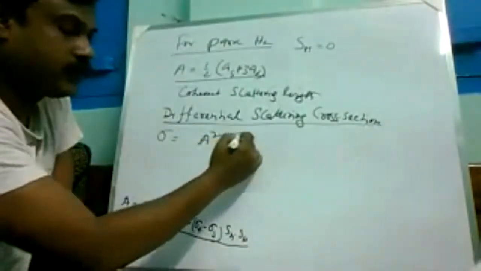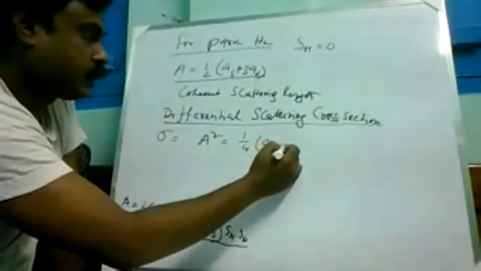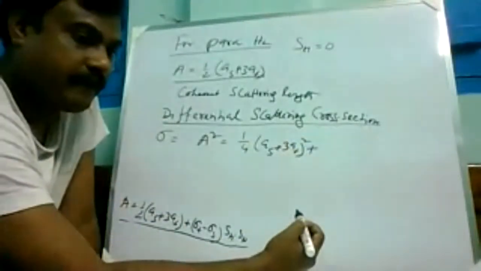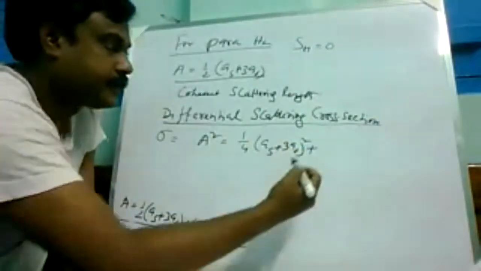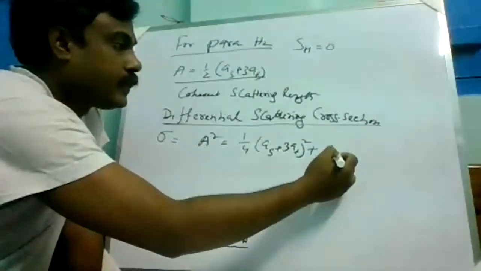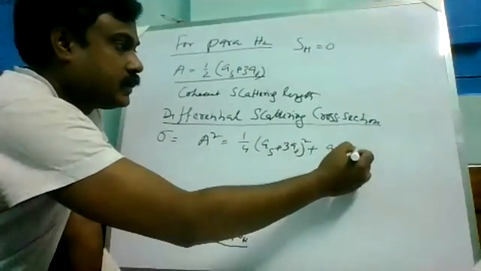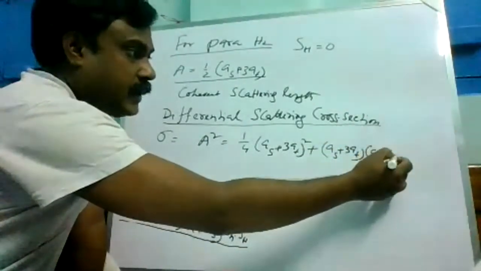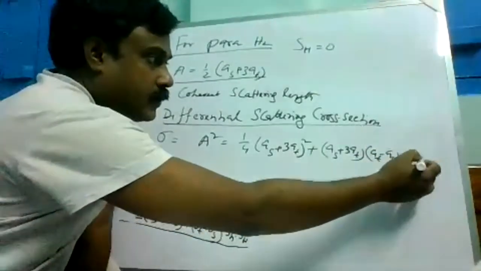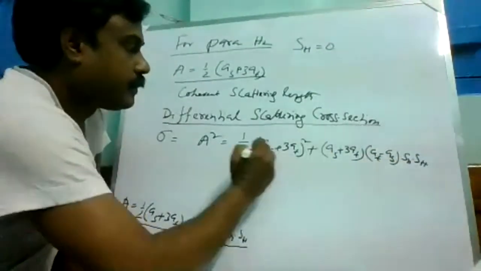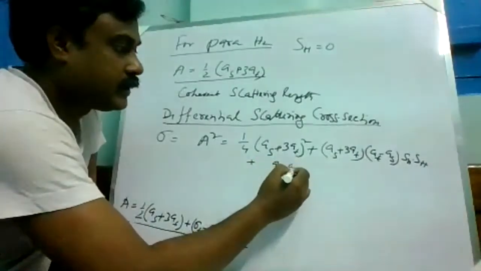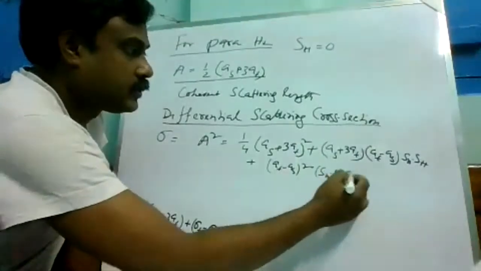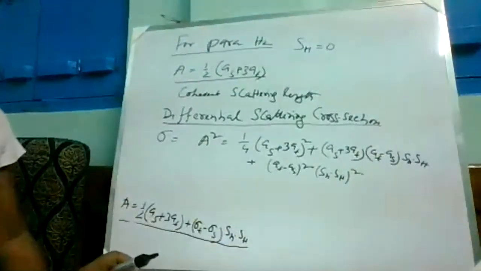So it will be equal to 1/4 (AS plus 3AT) whole square, plus (AS plus 3AT) times (AT minus AS) Sn dot SH, plus (AT minus AS) whole square (Sn dot SH) square.